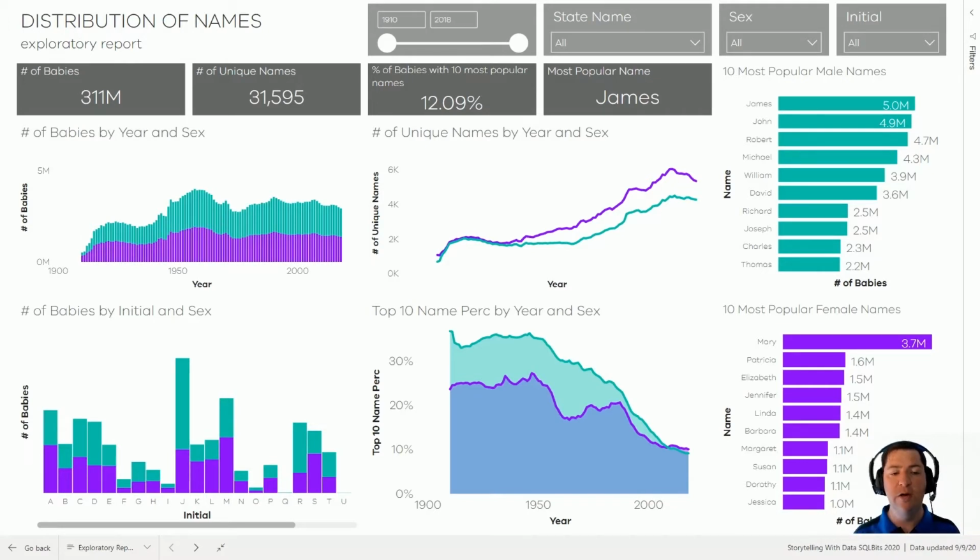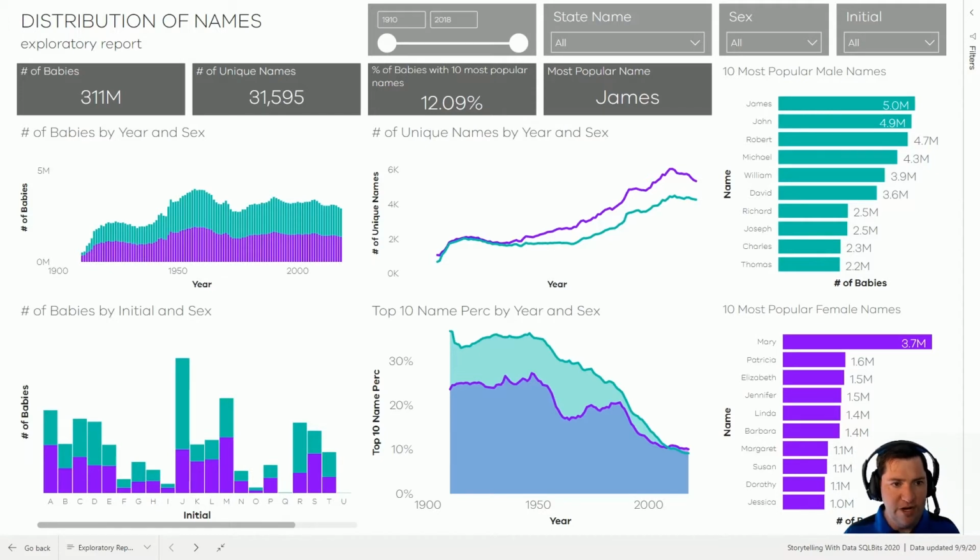Okay, so here we have a fairly plain, boring data set. It's literally just a list of, in 1910, there were X many babies who were male and were called Brian. In 1911, there were X plus 6 babies called Brian, in that state.